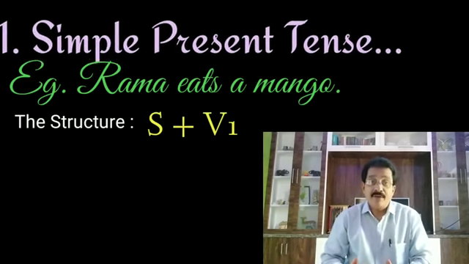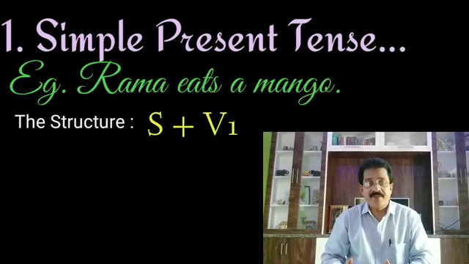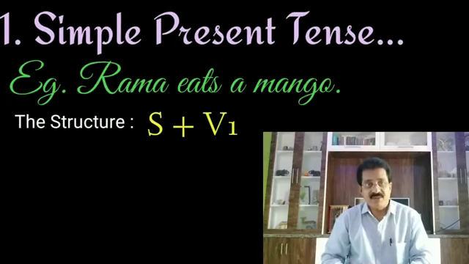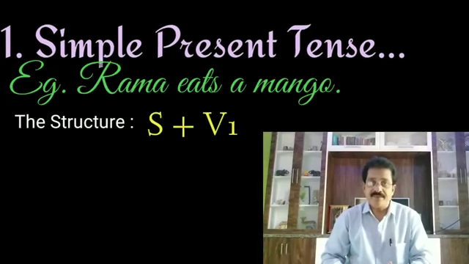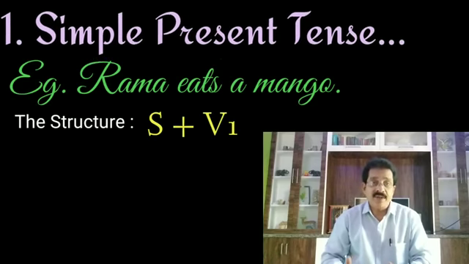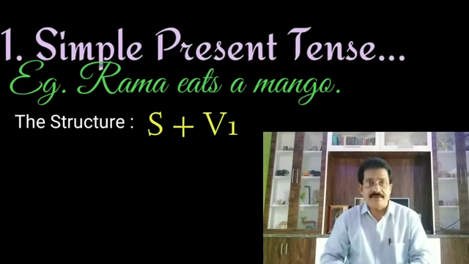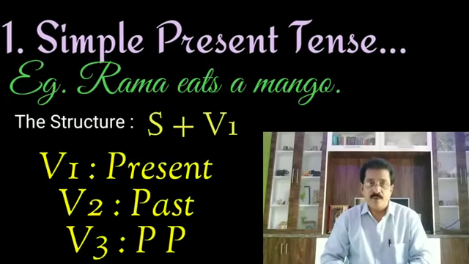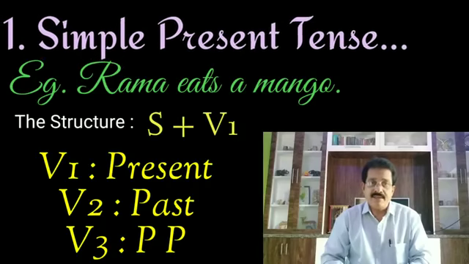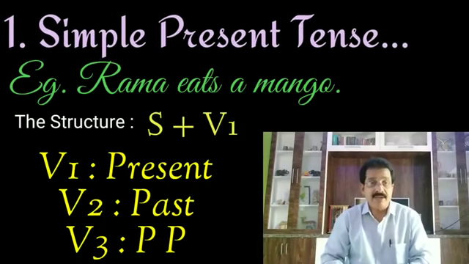Now, how many forms of verbs are there? Well, there's a contention actually. Some say 6, some say 5. We are not going to deal with that. We are going to basically talk about the first 3 forms of verbs: V1, V2, V3. V1 simply means the present form of the verb, for example, eat.